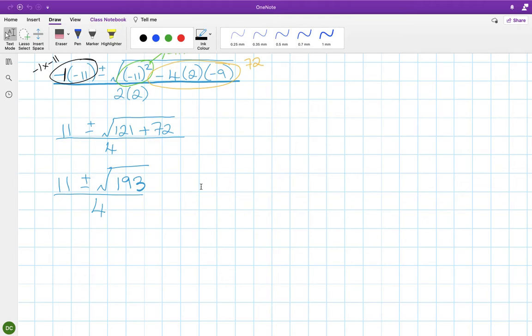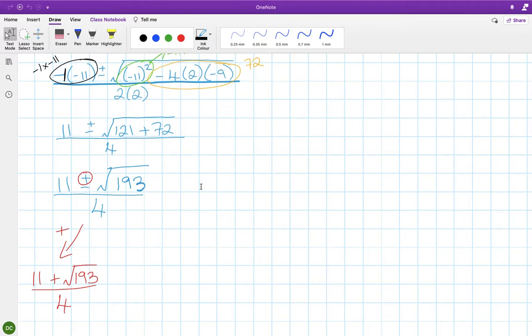I'm going to take the plus version of the equation over here. So I get 11 plus the square root of 193 over 4. And then I'm going to take the minus version of the equation over here. 11 minus the square root of 193 over 4.